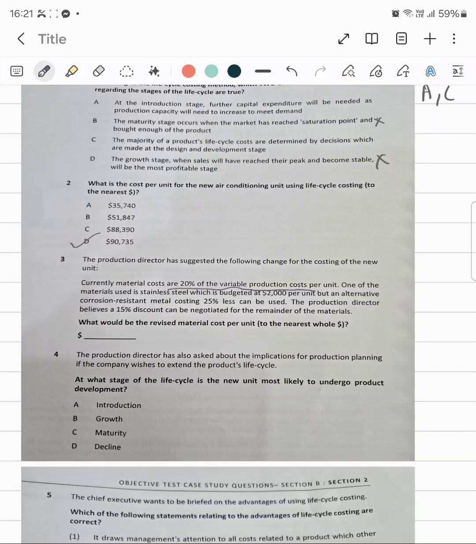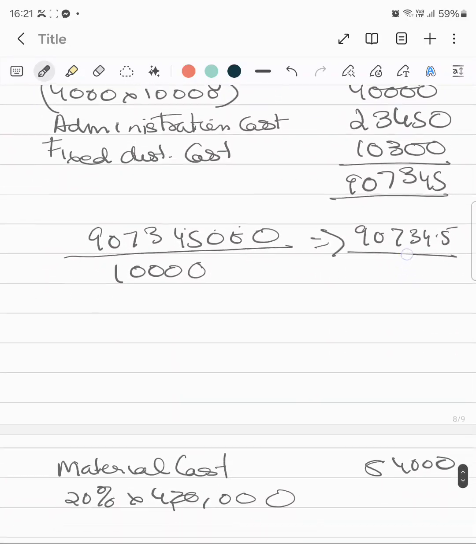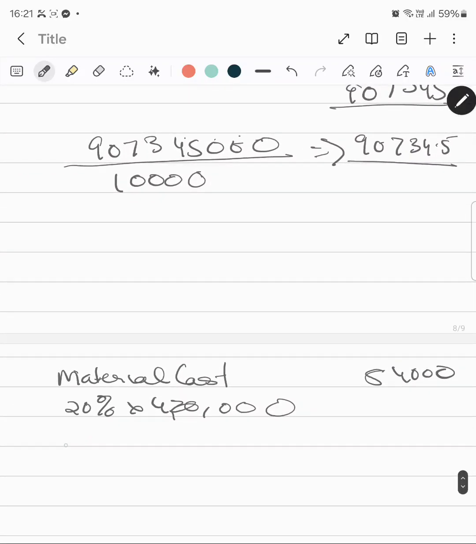So if the stainless steel is 2000 per unit, there are 10,000 units. So the stainless steel material is 20,000.